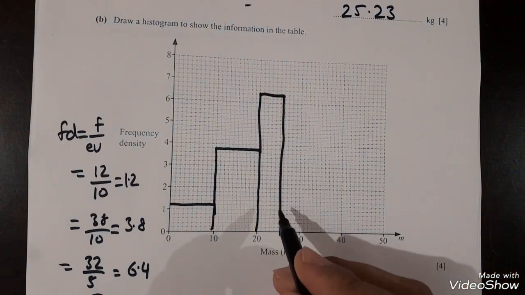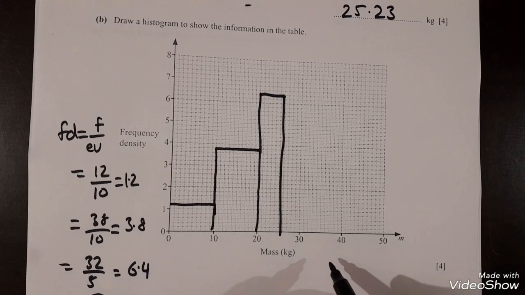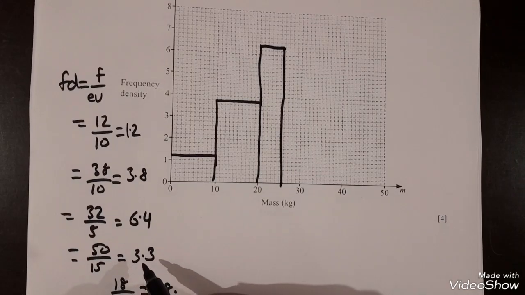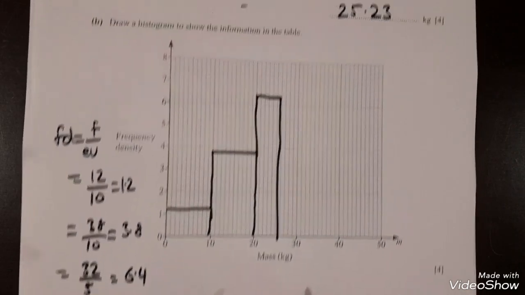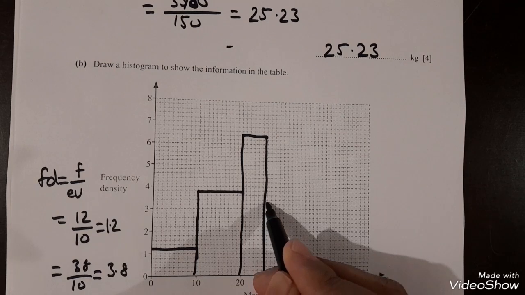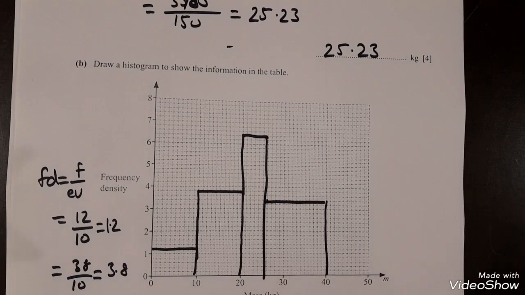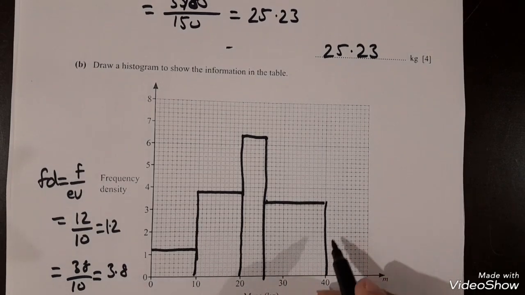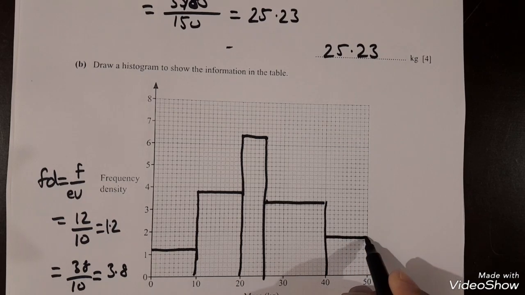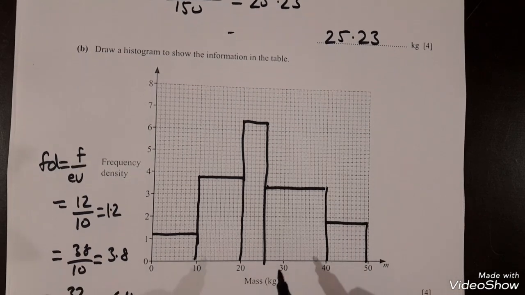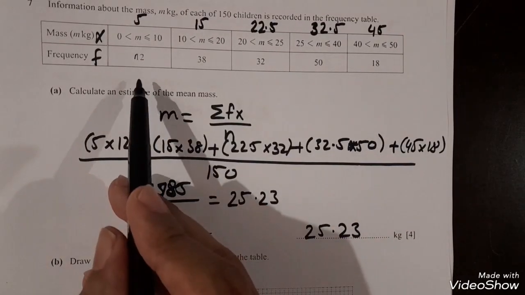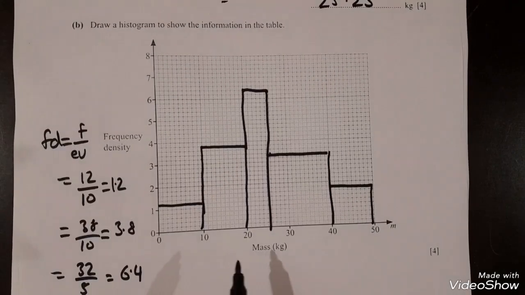Then from 25 till 40 it is 3.3. Then from 40 to 50 it is 1.8. So this is how we will draw the histogram for the table.